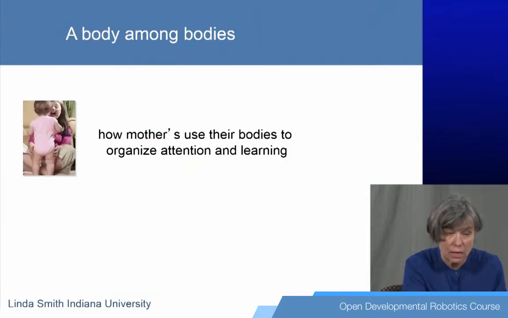So babies develop as a body among bodies, and I'm just going to give you one little example here of how mothers use their bodies to organize attention and learning, in terms of the sensory motor nature of development and of the social scaffolding of learning.